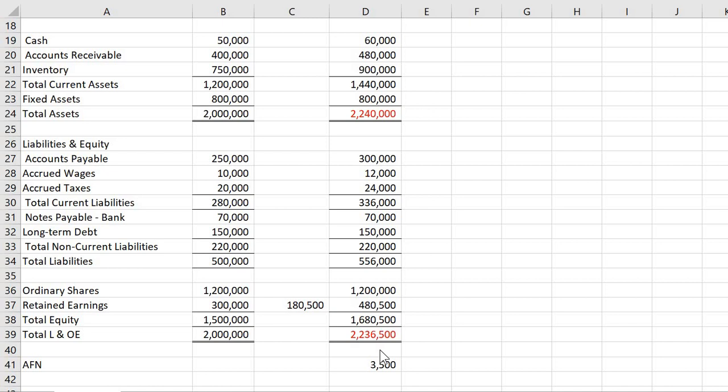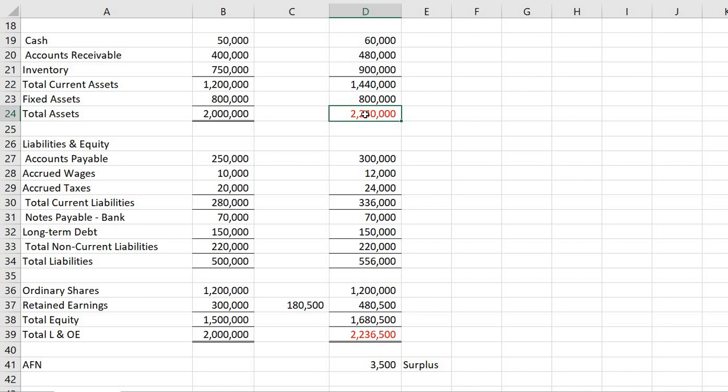Now, there are instances wherein wala tayong AFN, but rather meron tayong surplus. So, kailan ba merong surplus? So, merong surplus kung etong total liabilities and equity ay mas malaki compared sa total assets. So, meaning, hindi mo na kailangan ng additional funds, no? Pwede ka nang hindi na mag-borrow or hindi na mag-issue ng ordinary shares kasi you can already support, no?